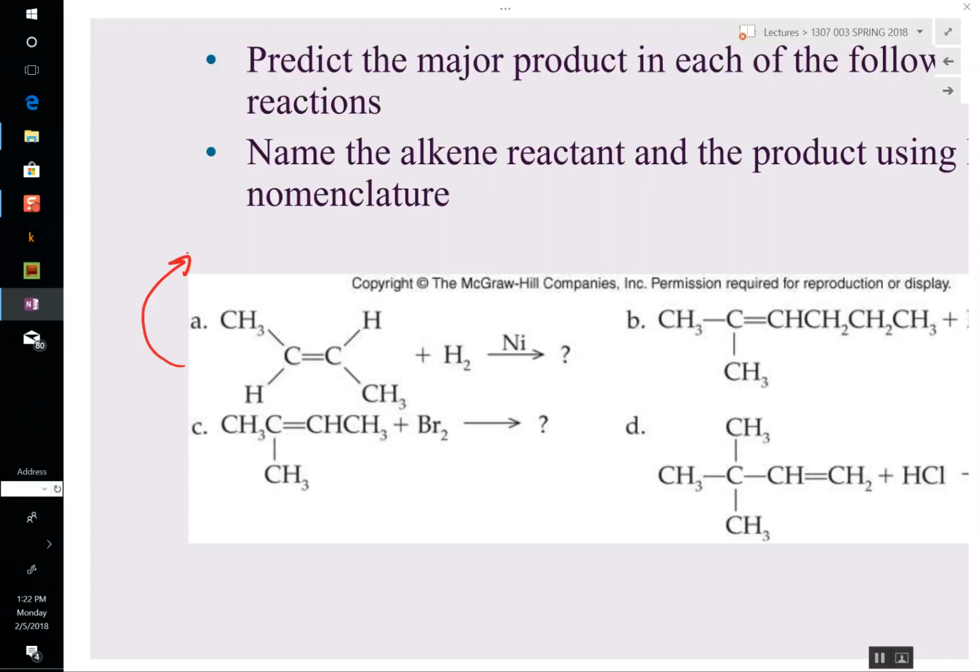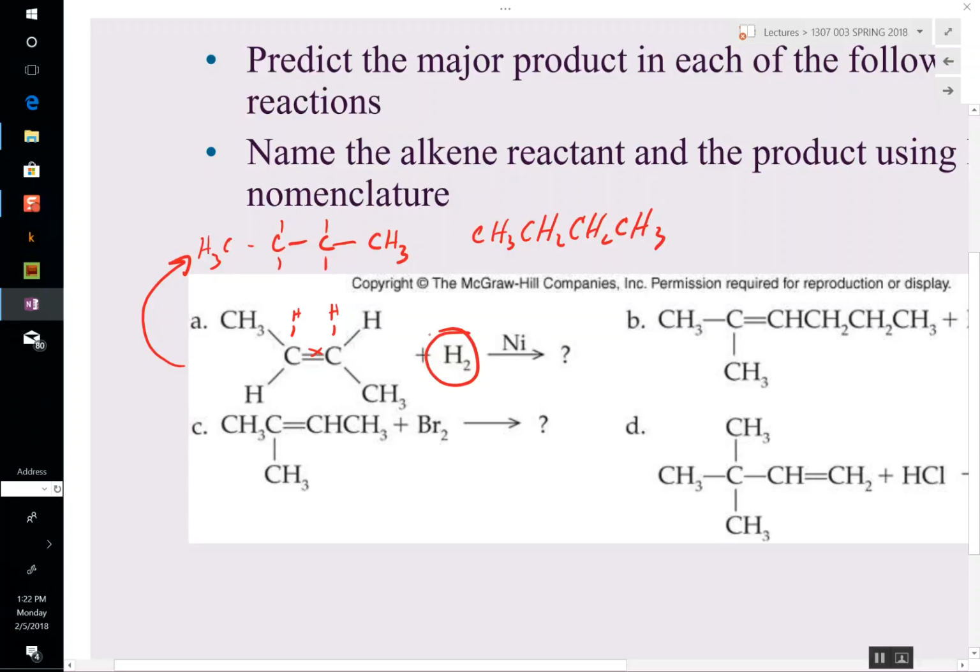Each one of those is going to get a hydrogen, and the double bond's going to go away. So you're going to have 2 hydrogens there, and methyl's out there. So that's CH3, CH2, CH2, CH3, which is butane. So butene becomes butane. There isn't a major and minor product. It's the only product. Why? Because that is symmetrical.